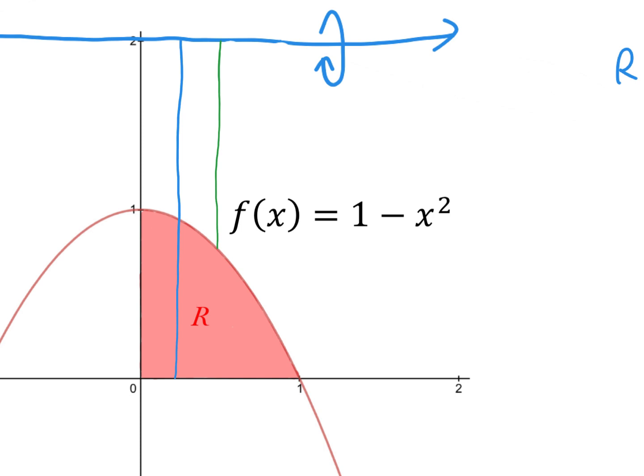Think about this distance here is the function. That's 1 minus x squared. Actually, let me write that. Okay, this distance here is 1 minus x squared. And then think about this whole thing is 2 always, and this is 1 minus x squared. So the rest is going to be 2 minus 1 minus x squared.